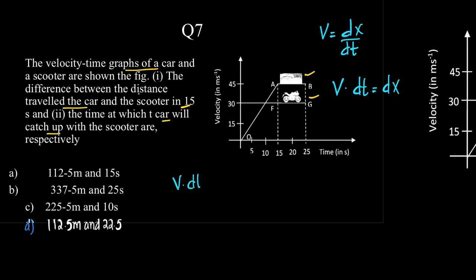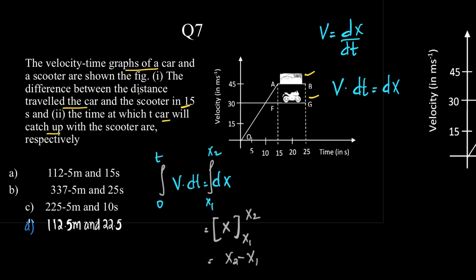V into dt is equal to dx. Now we integrate on both sides. If you integrate on both sides with limit 0 to t v dt and limit x1 to x2 dx, what is integral dx? Integral dx is x, so x varying from x1 to x2. Now what is x varying from x1 to x2? It is x2 minus x1.